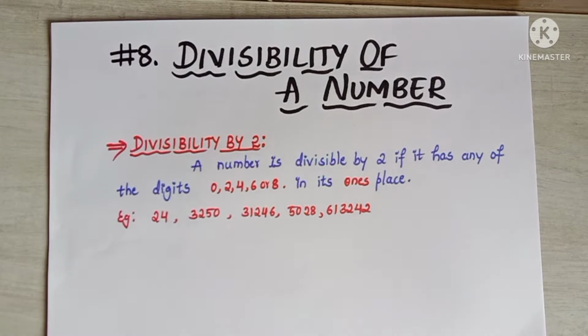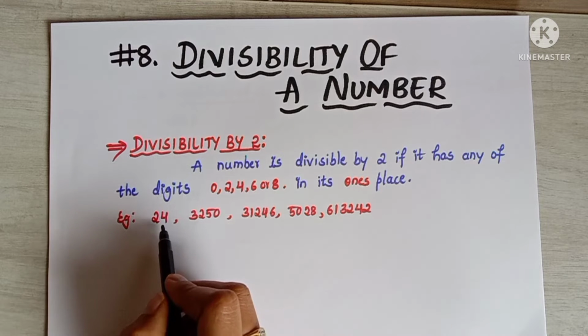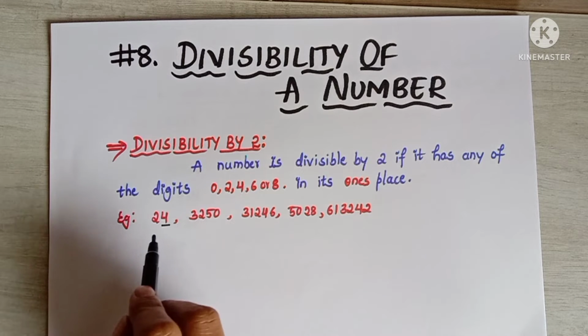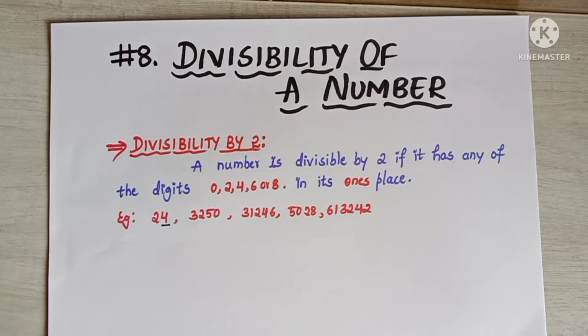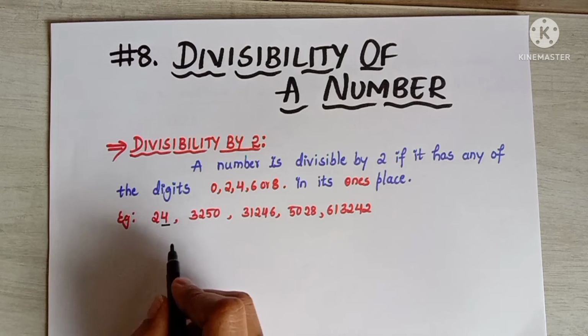For example, if you take the number 24, in the ones digit we have 4. So this number is divisible by 2. Directly you can write that it is divisible by 2.